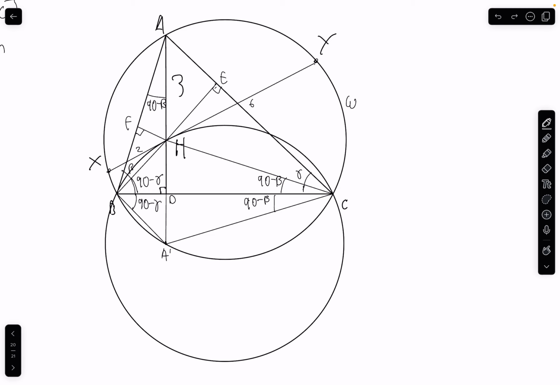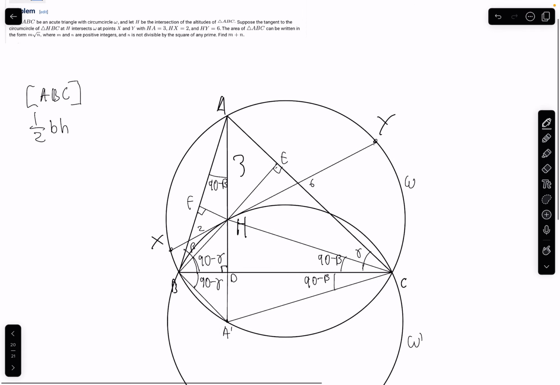The circumcircle of BA prime C is going to be the same as the circumcircle of ABC, or just omega, which means that the circumcircle of HBC, we'll call it omega prime now, is congruent to and a reflection of omega along line BC.